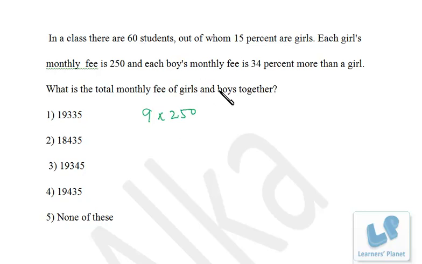After that, 51 are boys, and their fees is 34% more than 250. So their fees is 1.34 of 250. Okay.